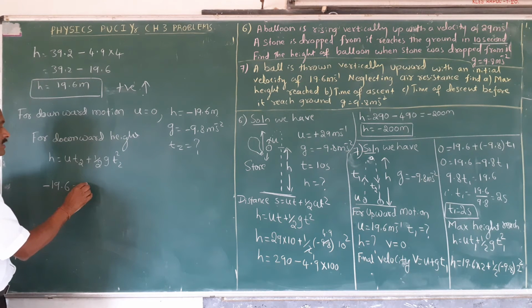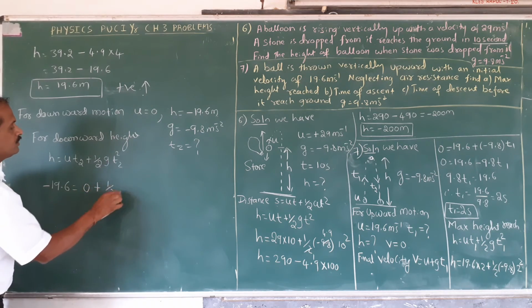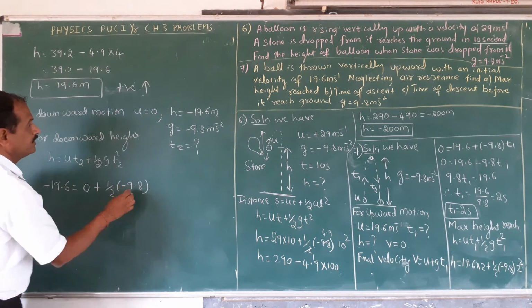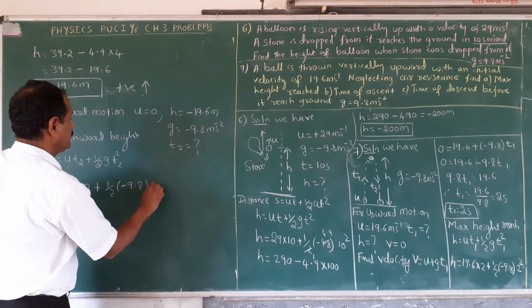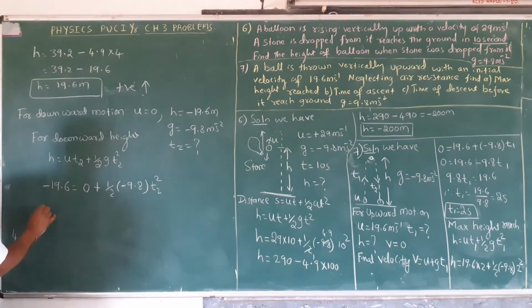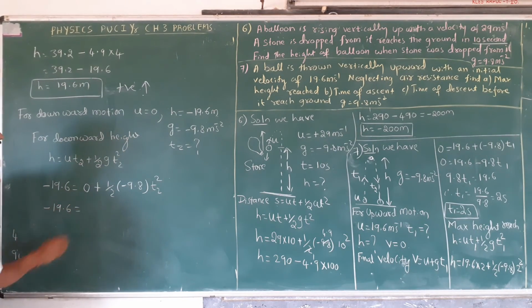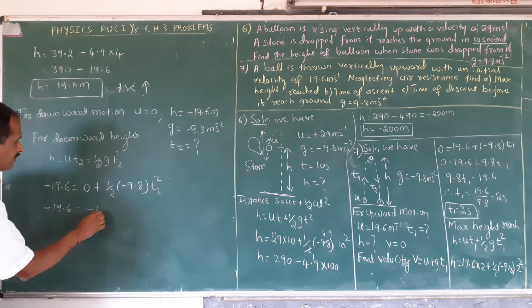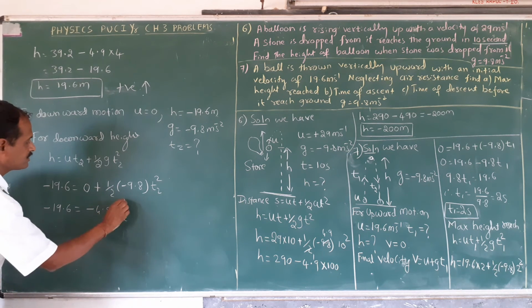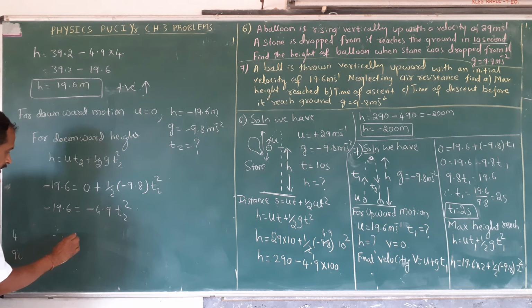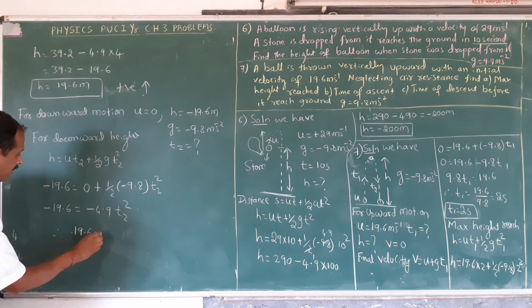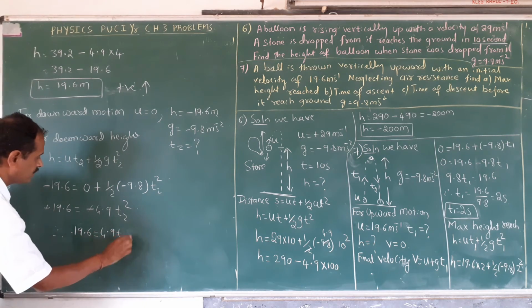U T2 becomes 0. 1 by 2 minus 9.8 into T2 square. Yes, minus 19.6 is equal to minus 4.9 into T2 square. Therefore, this is 19.6, my negative sign is cancelled on this side, 4.9 into T2 square.